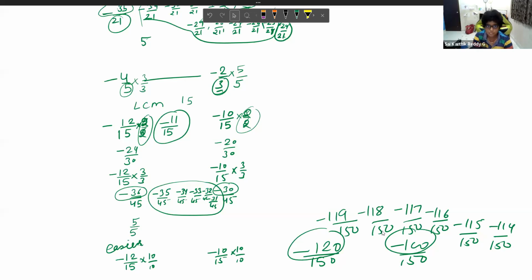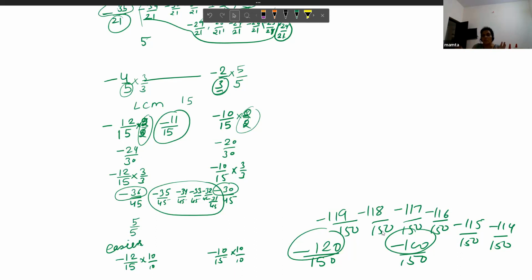You can multiply with any bigger number. First you have to make the denominators same. If it is a fraction or a rational number, you need to make their denominators same. Then only you can write the middle numbers between the two rational numbers.